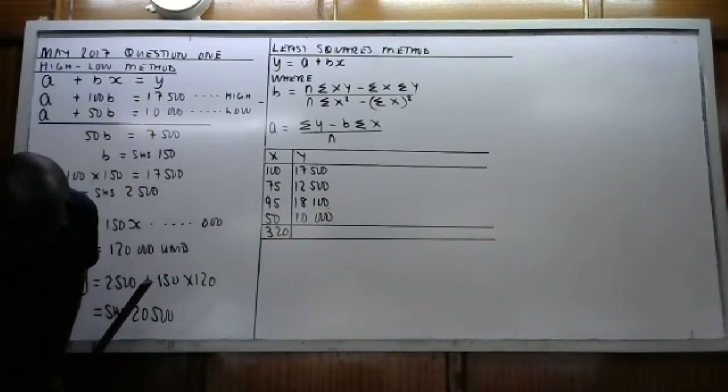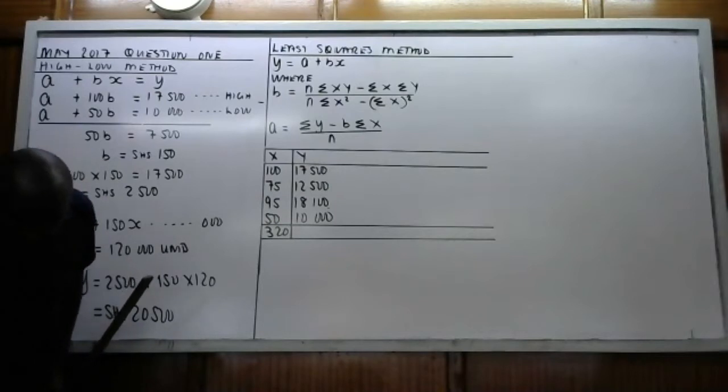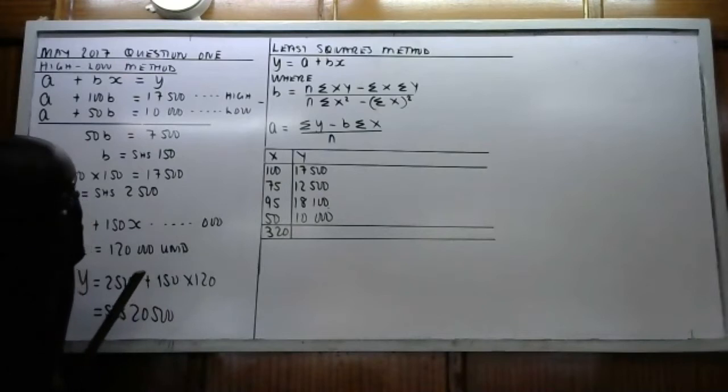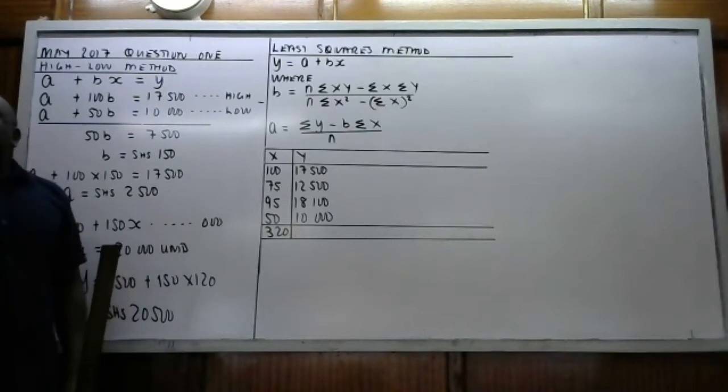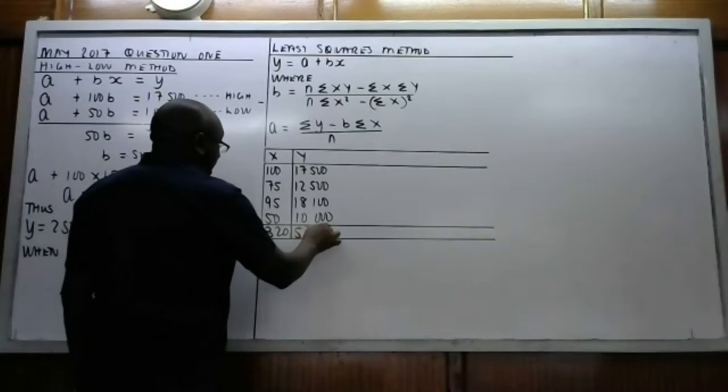Say 17,500 plus 12,500 plus 18,100 plus 10,000. That is 58,100.